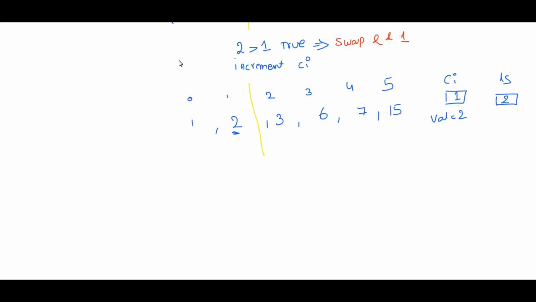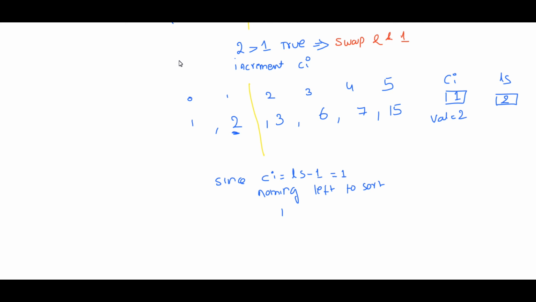That's it. So at this point, since CI is equal to ls minus 1, which is 1, there is nothing left to sort.